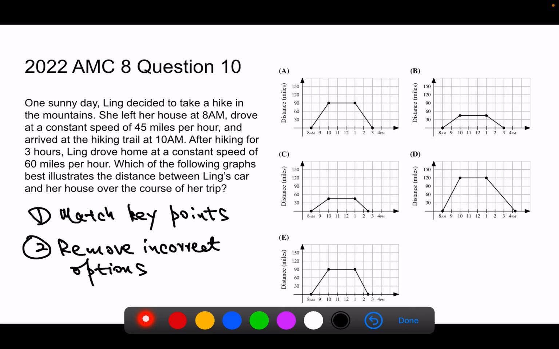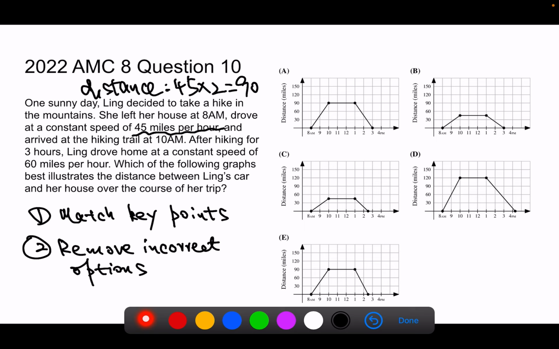So the car's speed initially is 45 miles per hour, and she drove for 2 hours. So what is the distance here? Well, the distance between the hiking place and her home is 45 times 2 equal to 90 miles.